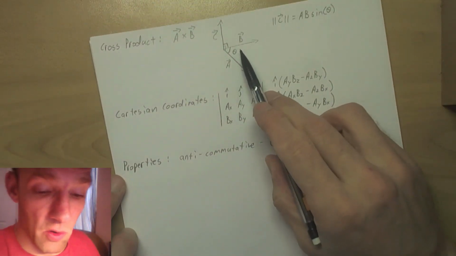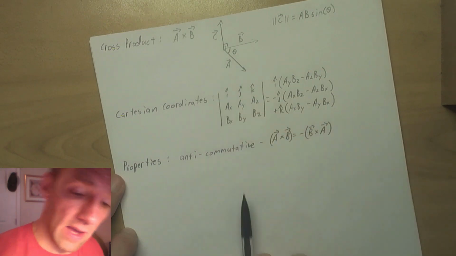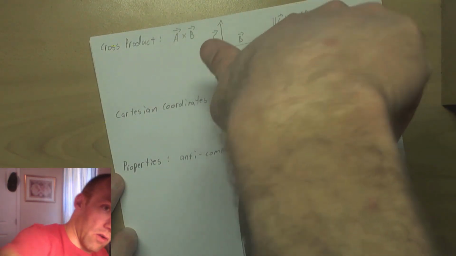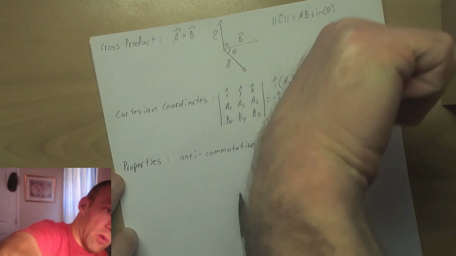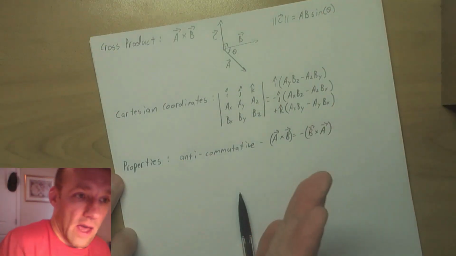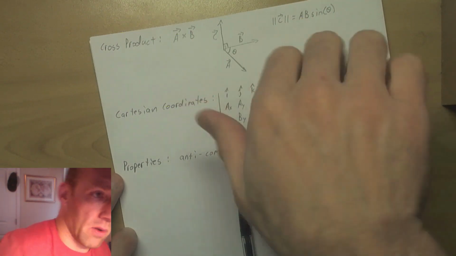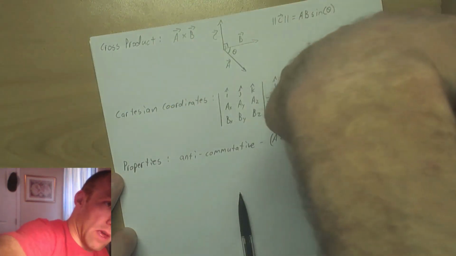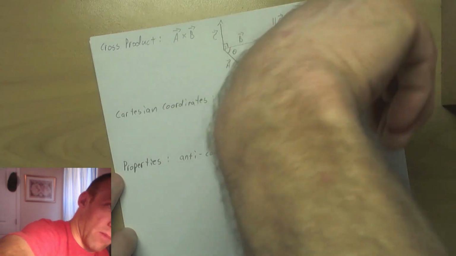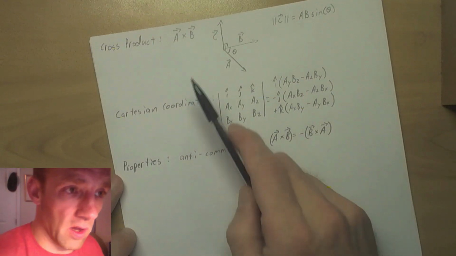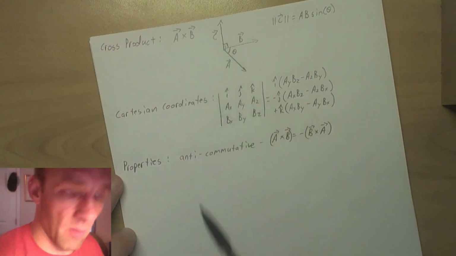If I were going to do B cross A, I would start at B, go through A, and my thumb would be pointing in the opposite direction. So for A cross B, I go through A to B, and I'm pointing up. For B cross A, I start at B, cross through A, and I'm pointing in the opposite direction. It's still mutually perpendicular, but in the exact opposite direction.